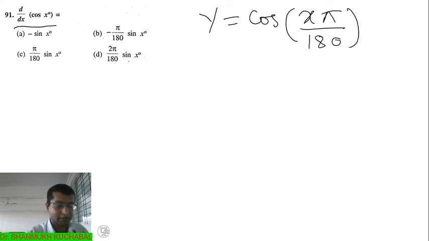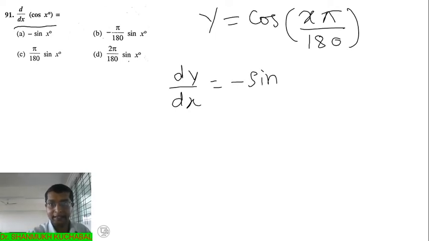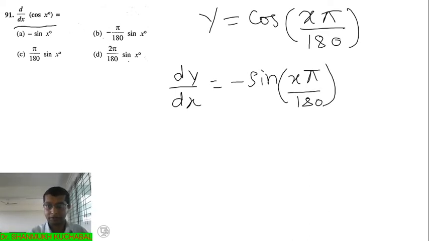Further we find the differentiation. Differentiation of y is dy by dx. Differentiation of cos is minus sin of x pi divided by 180. Now the inner function differentiation: x differentiation is 1 and the constant stays as it is.